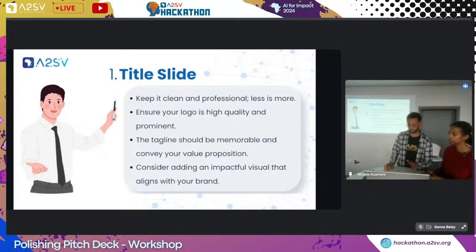We're going to see an example with this, and a good tagline would be short and memorable, like we said, but also tell something about your product. Finally, add an impactful visual. For example, it could be an image or maybe even some kind of illustration that goes with your product and tells something about what your product does.